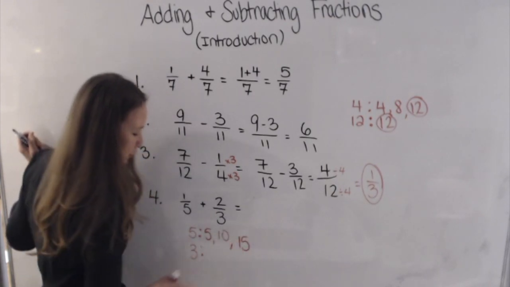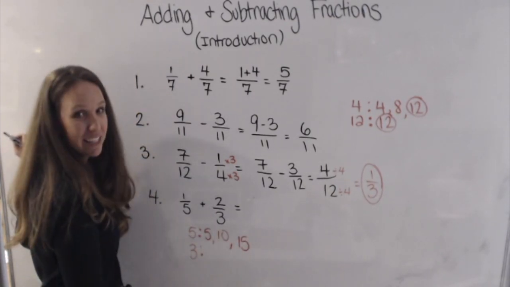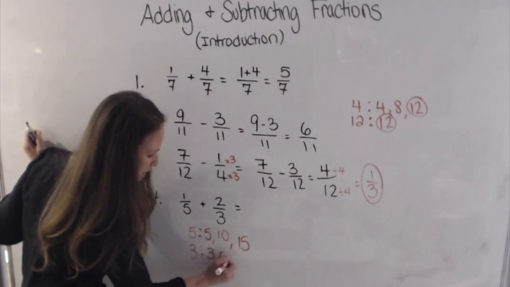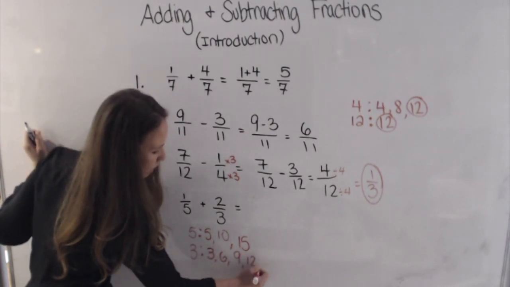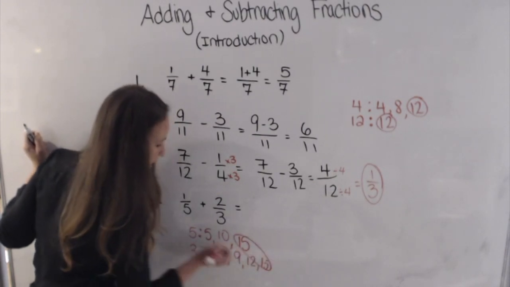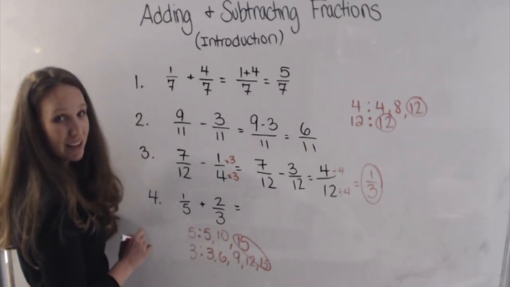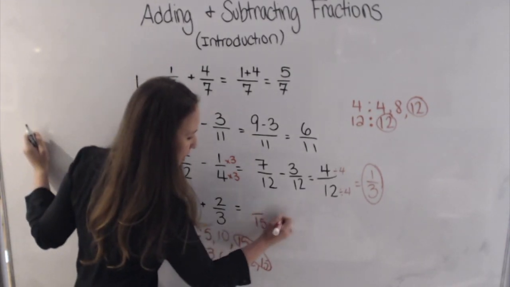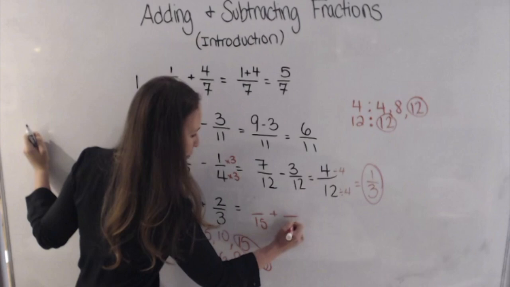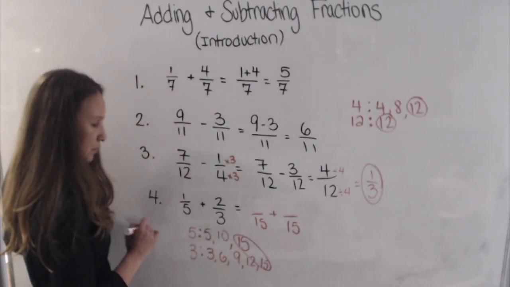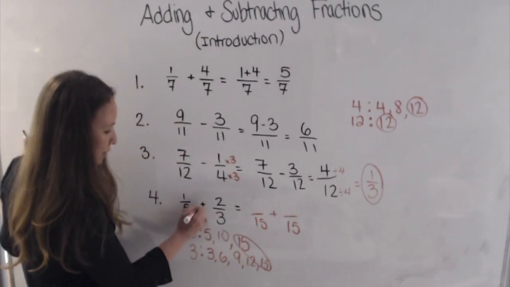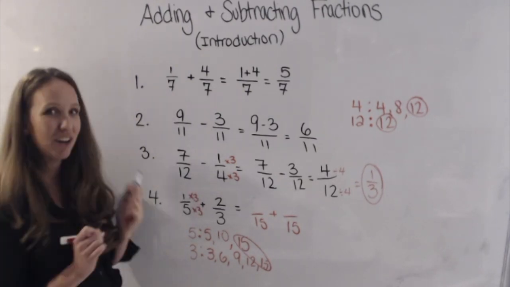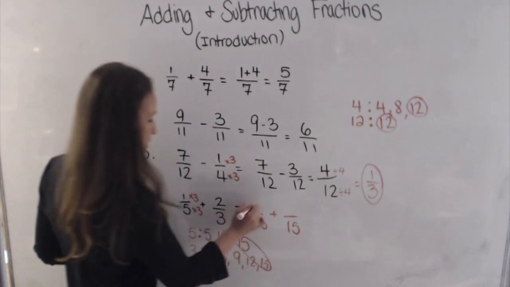5 times 3 is 15. Does 3 go into 15? Yes, it does, 5 times. 3, 6, 9, 12, 15. So my least common denominator here is 15. So we know both denominators are going to be 15. We multiply 5 times 3 to make 15, and whatever I do to the denominator, I must do to the numerator.